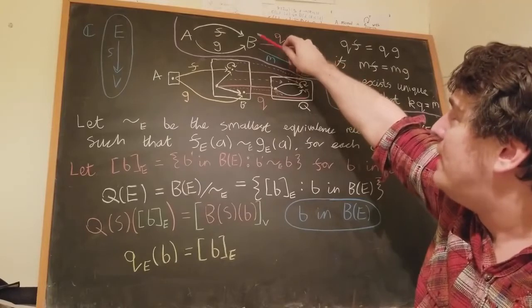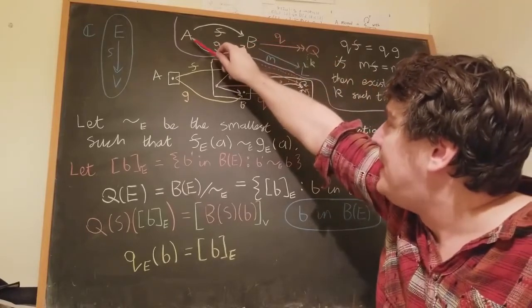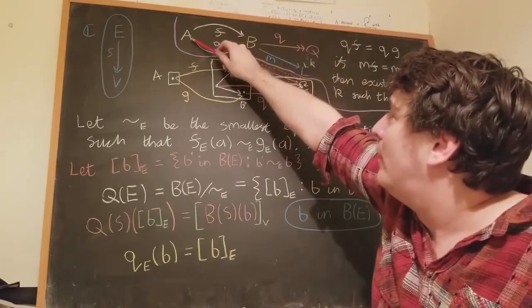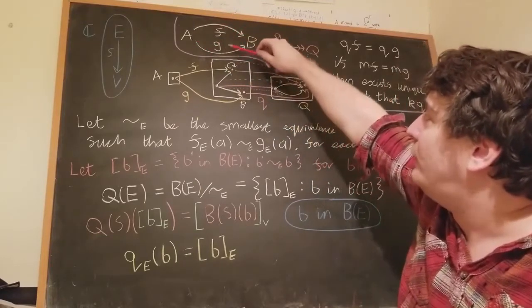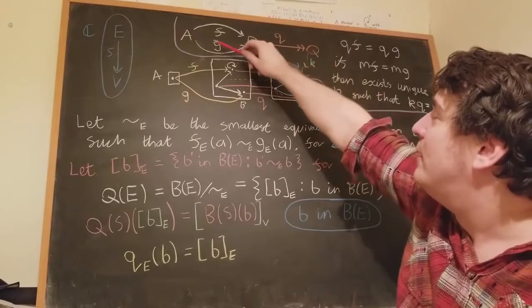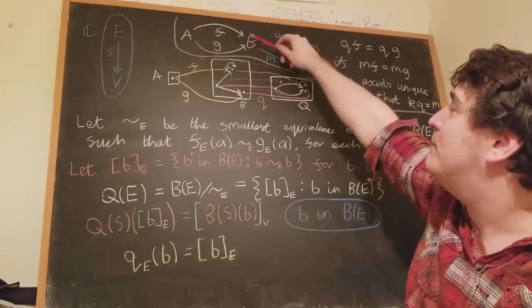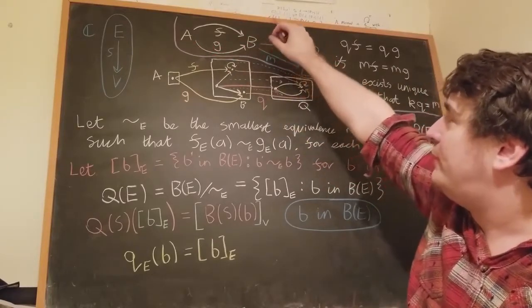The idea is that we look at the stuff in A, and when we have something in A and f acts on it and g acts on it, they may send this thing to different places in B, but we always stick those together.